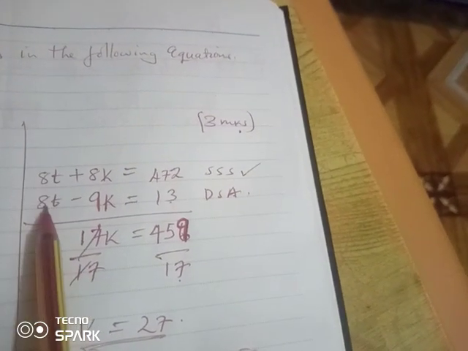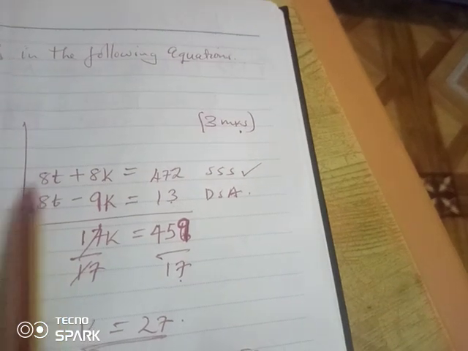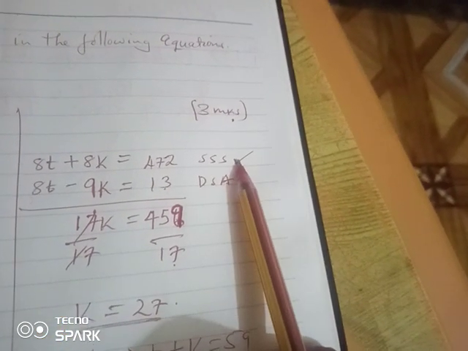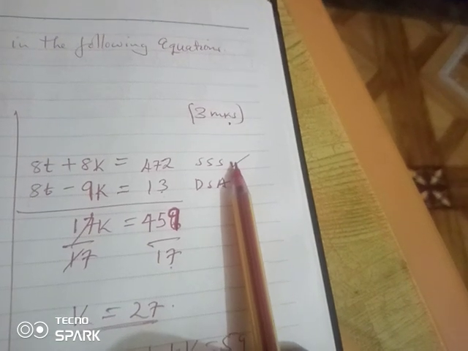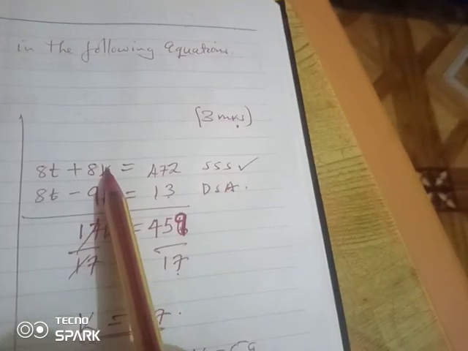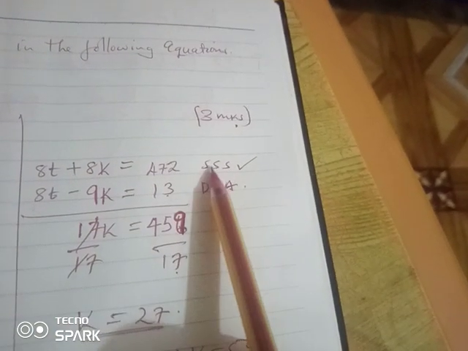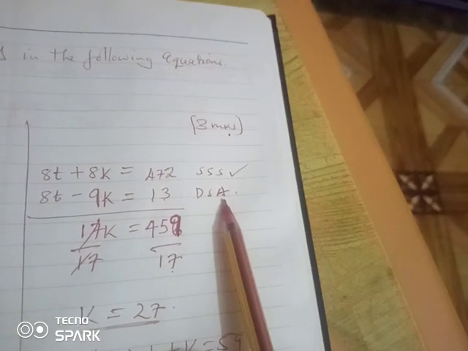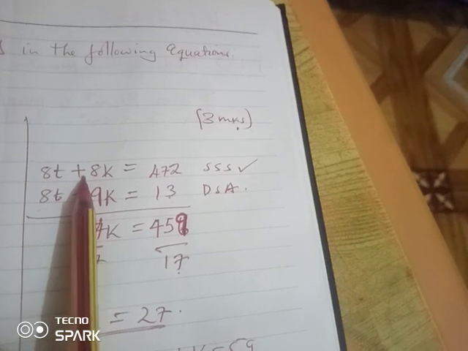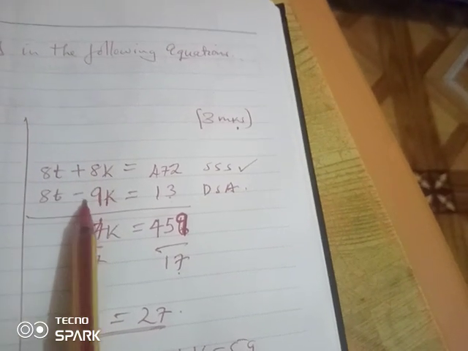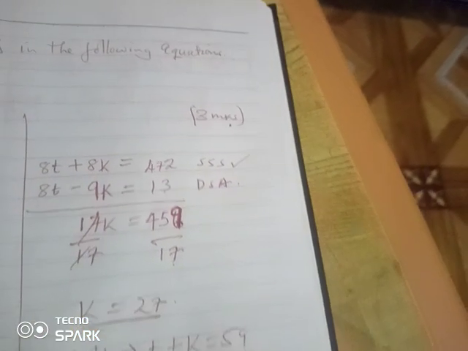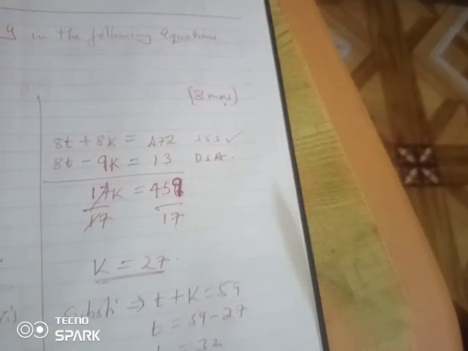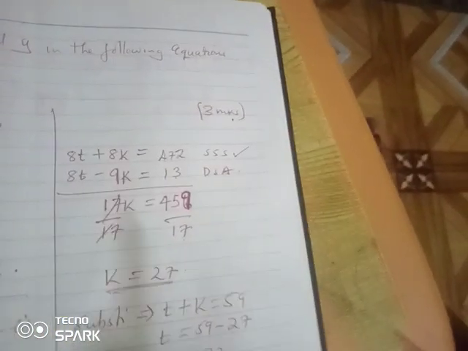Our t were of the same signs, all positive, and therefore we have to subtract the two equations. If I were to eliminate k, I would have used different signs add, because one is plus and another is a minus. For our case, ours were the same, and therefore we use SSS, same sign subtract.